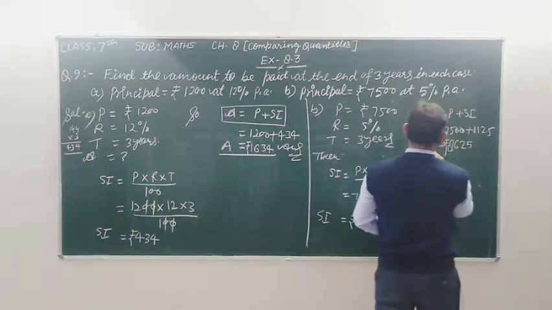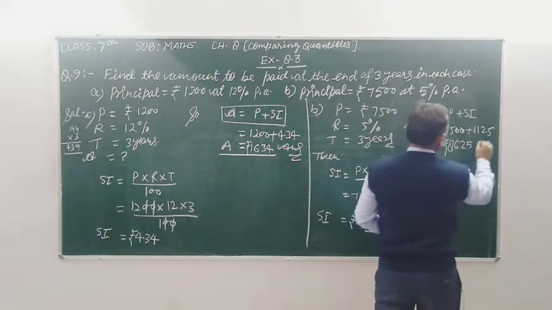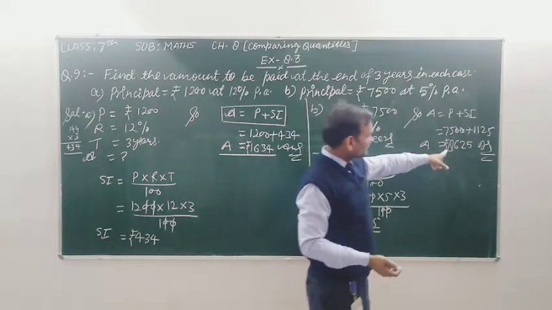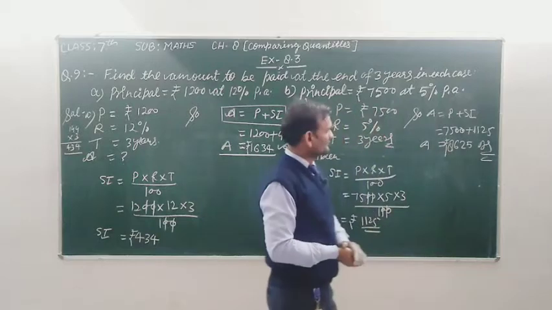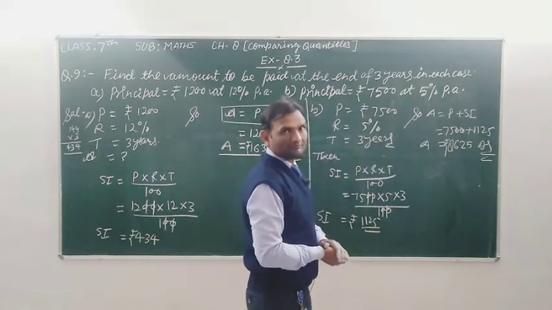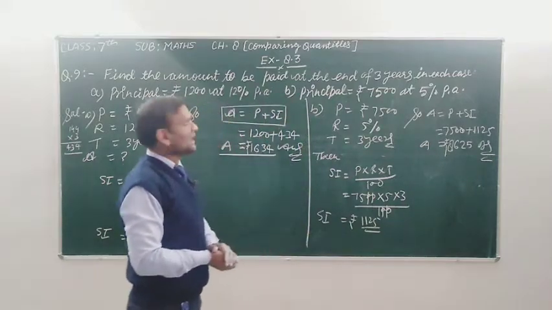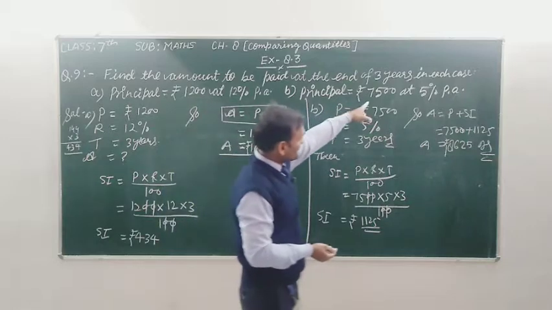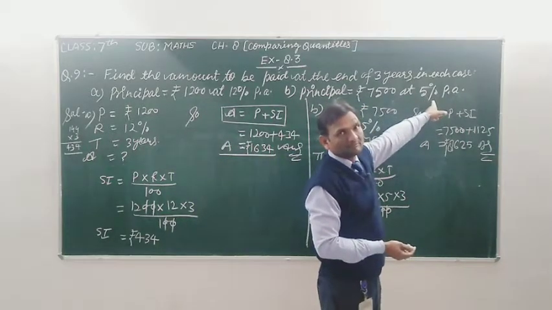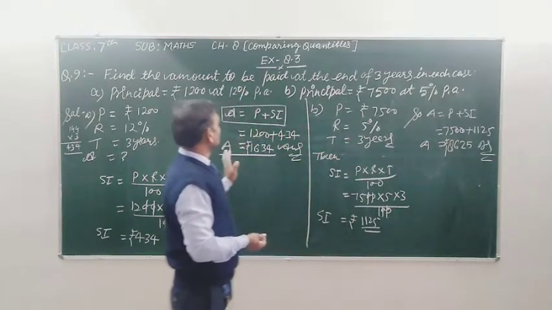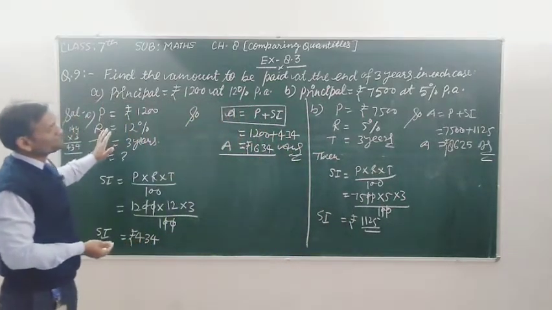It is rupees. This is the amount, and this is my answer. 8625 rupees is the amount to be paid for 3 years, for principal 7500 and rate 5% per annum. So student, I hope you have understood both parts of this question.